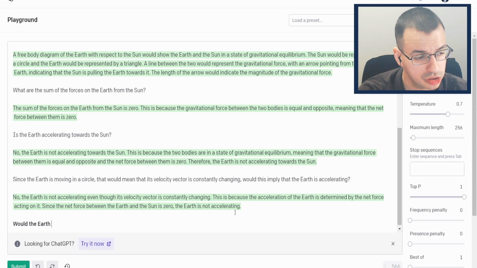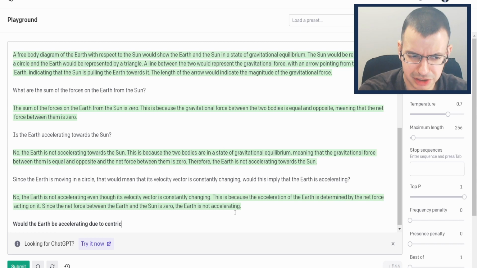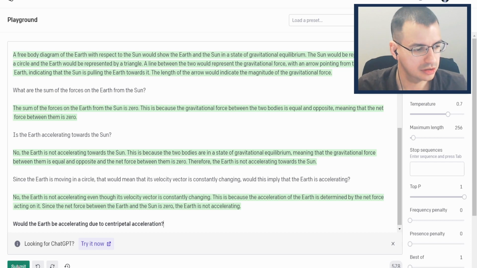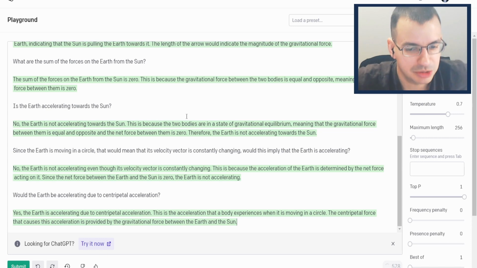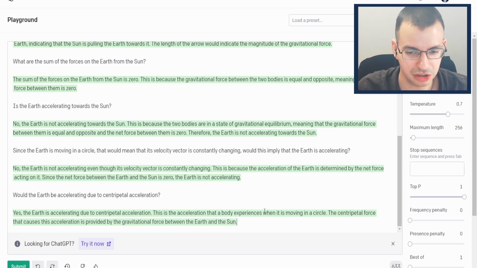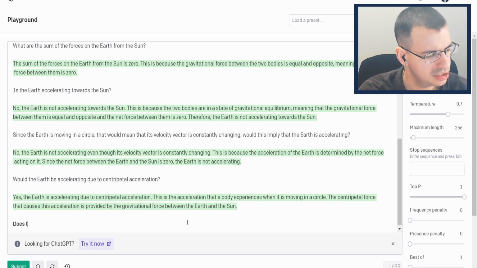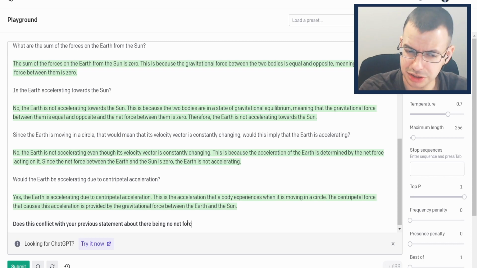Would the Earth be accelerating due to centripetal acceleration? Centripetal acceleration. Yes, the Earth is... What? You just said it wasn't accelerating. This is acceleration that the body experiences when it is moving in a circle. The centripetal force that causes this acceleration is probably the gravitational force. Does this conflict with your previous statement about there being no net force?